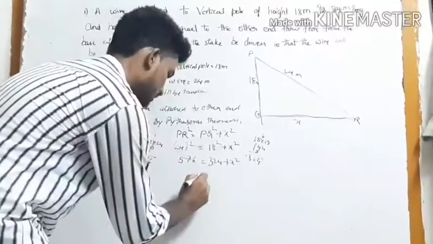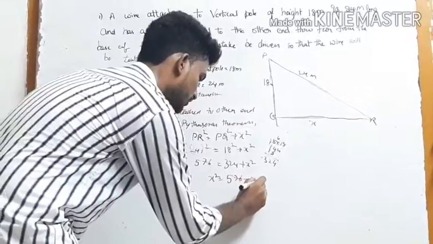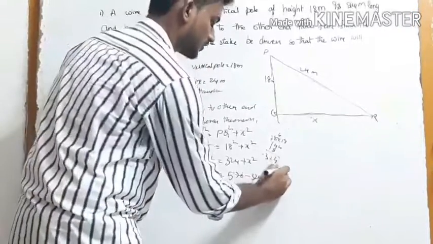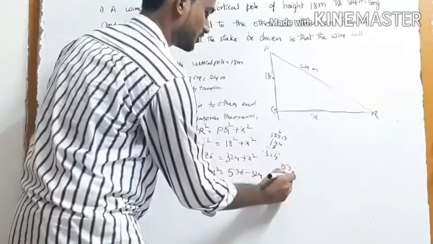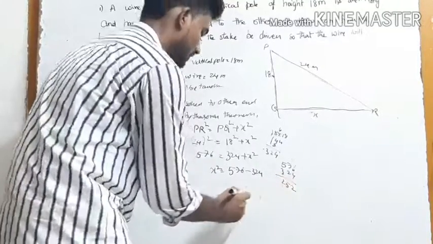Then x square equals 576 minus 324, which is 252.